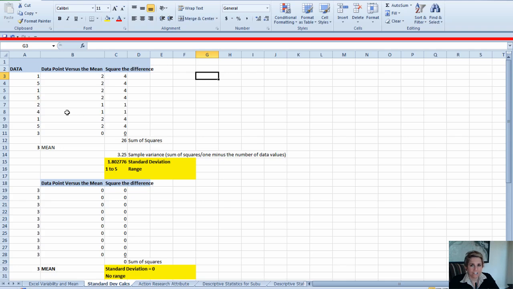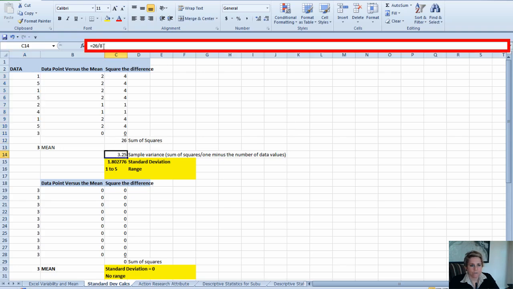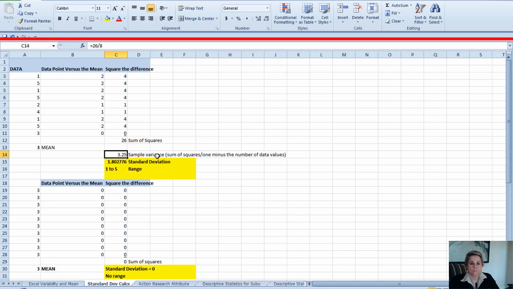I just want you to get an intuitive sense of how this all works. So you basically divide the sum of the squares by the number of data values minus 1. In this case, there were 9 data values. You take off 1, which equals 8. So you divide 26 divided by 8, right here, and that is your sample variance.